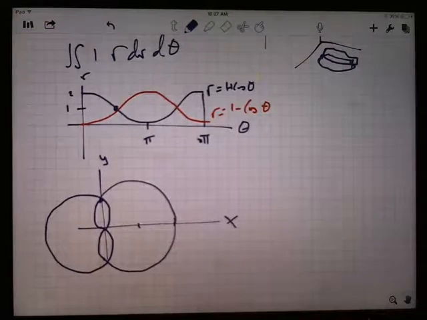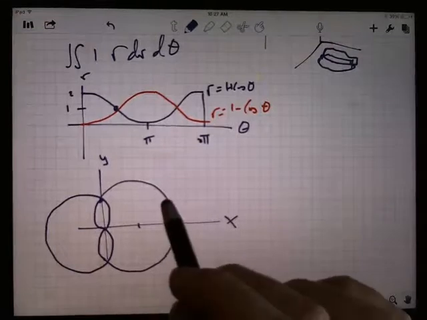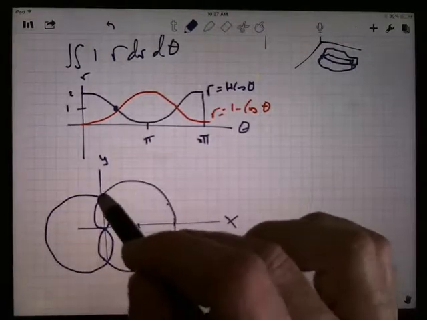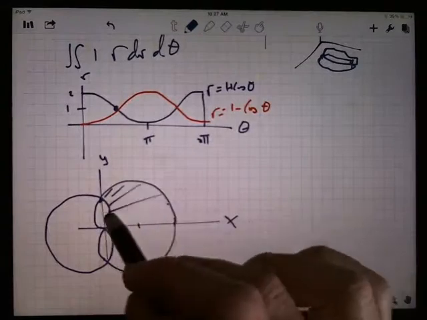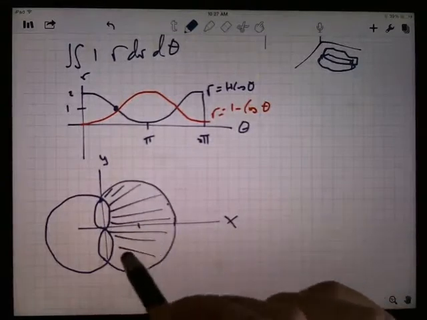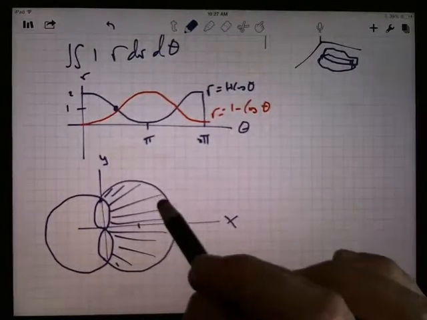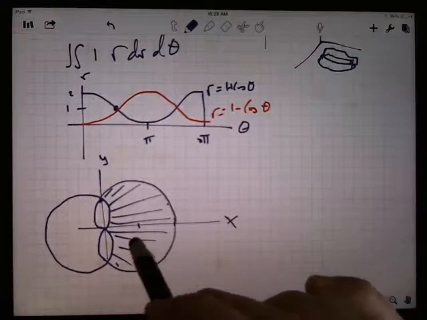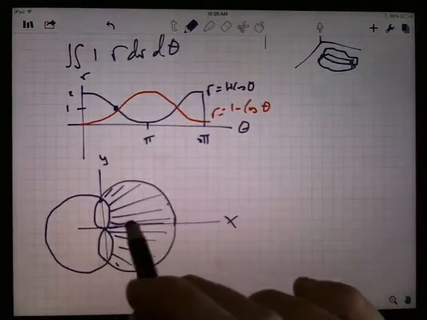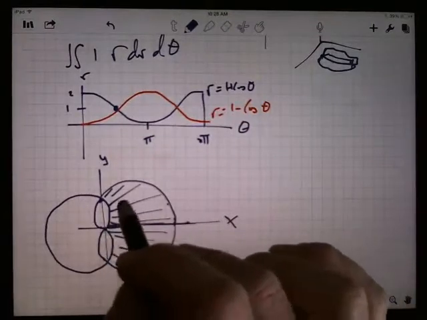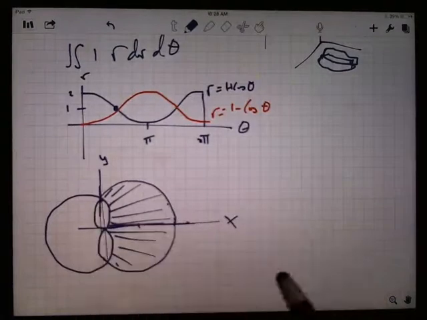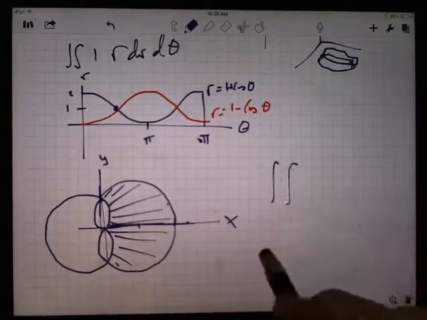Okay. So to say that I want inside of this one but outside of that one, it looks to me like I want all of this stuff over here, right? By symmetry, it looks like the top half and the bottom half look the same. So I'm just going to integrate from here out to there.